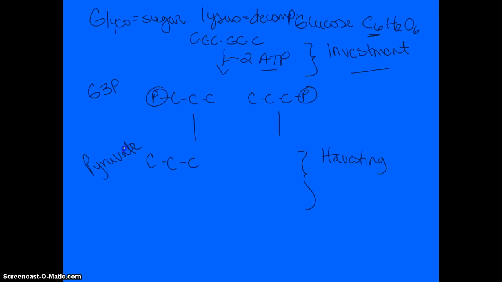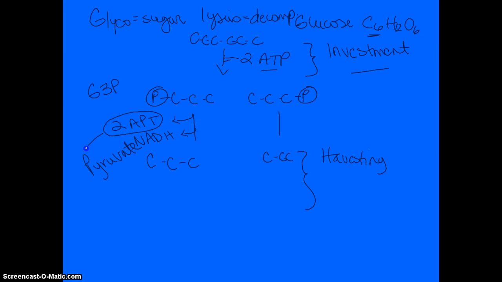So there's 2 of those that are produced. In the process, there are 2 ATP that are produced and an NADH. And this NADH is going to be used later in the electron transport chain. So those 2 ATP here are given off.